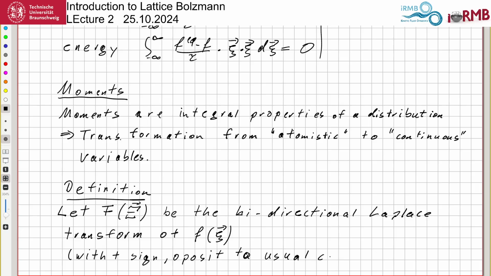So you know when there is a Laplace transform, there is then an inverse Laplace transform, and the inverse Laplace transform has the opposite sign in the exponent, right?